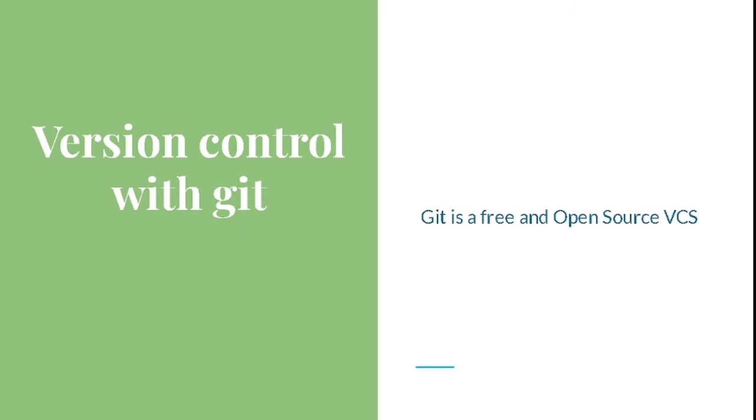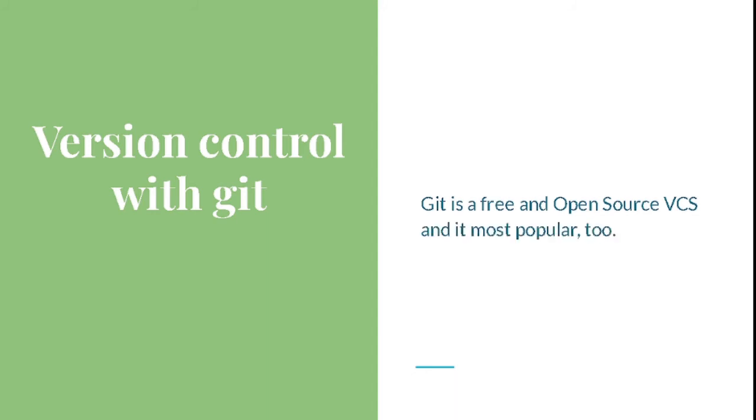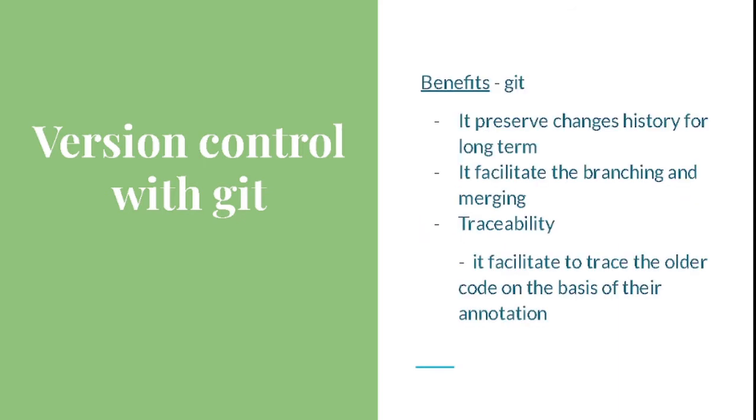In the next slide, I have written Git is a free and open source VCS. I think everyone knows why Git is so popular, because one factor is that it is free and open source. And why did it become popular? There might be multiple factors. One factor is that it is a free and open source system.